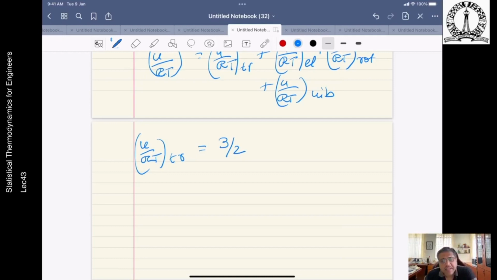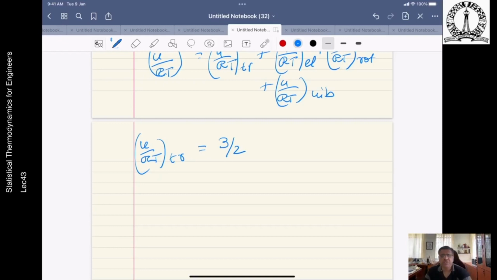The electronic contribution requires that you evaluate it from the data. There is an appendix K.2 where you can take the first two energy levels. The next energy level is very high, so you don't go up to that level.